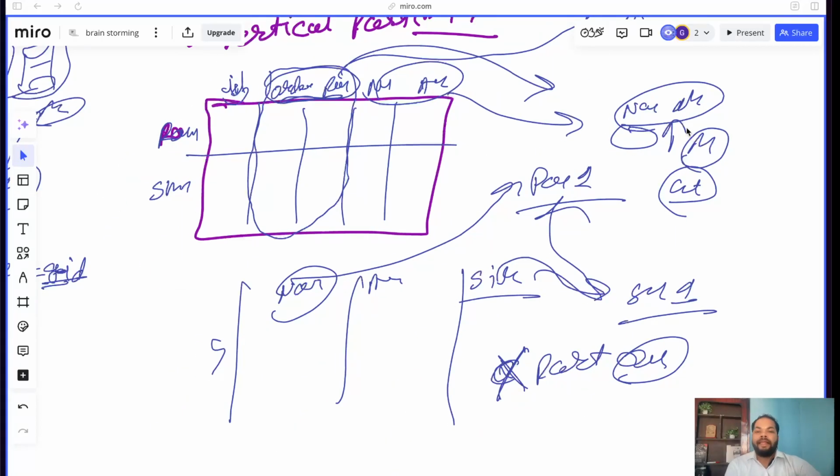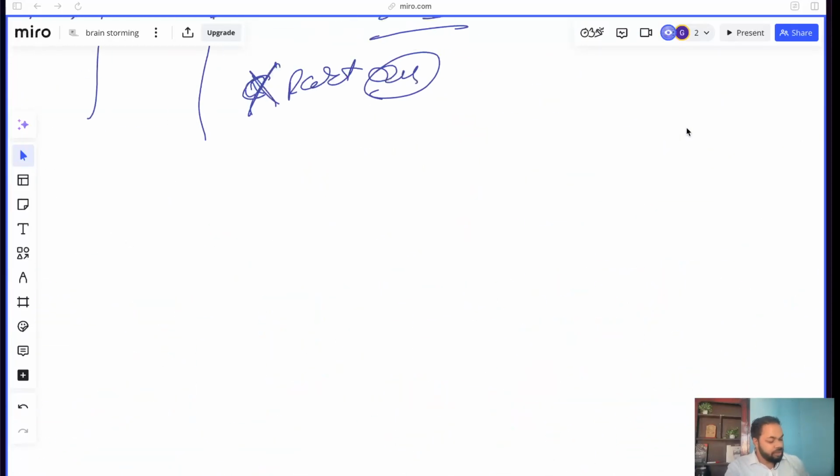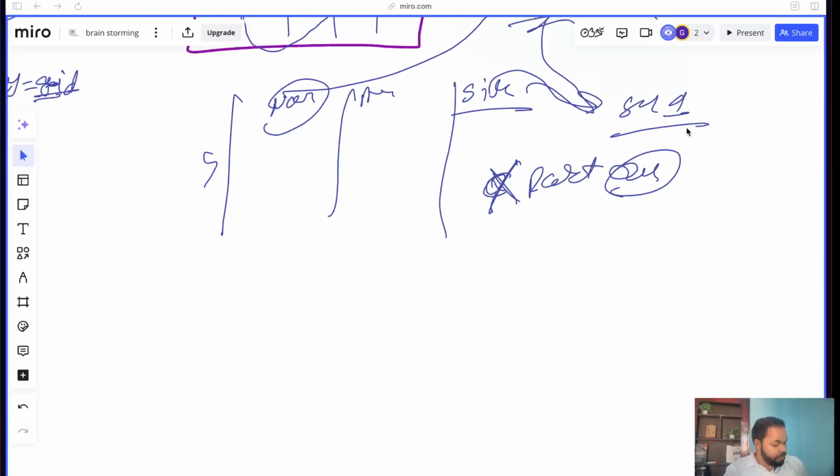Okay, now the third thing, that is hybrid partitioning. In hybrid partitioning, you are utilizing the benefit of both of them.